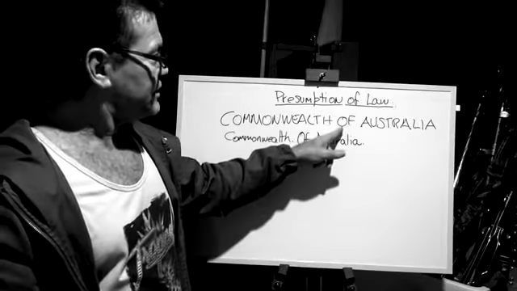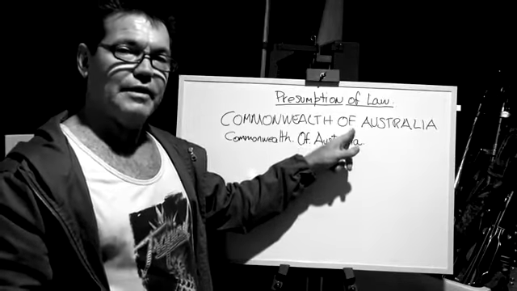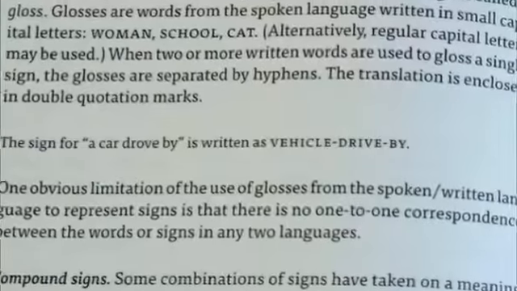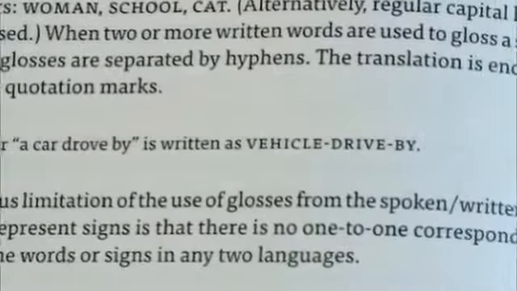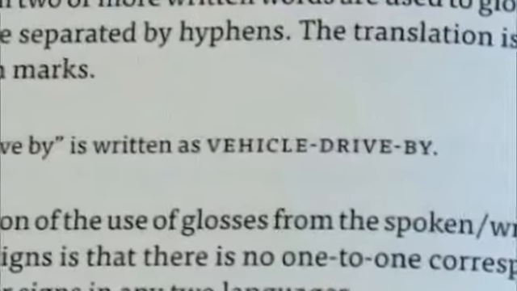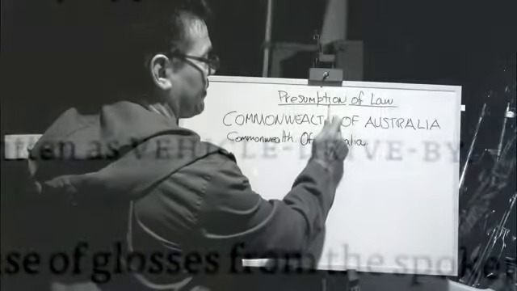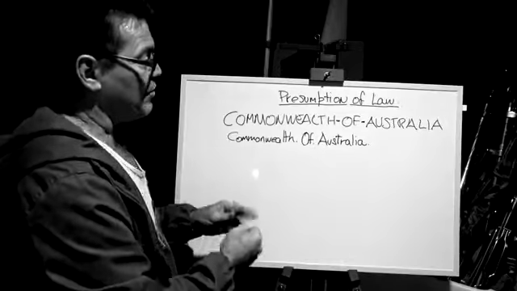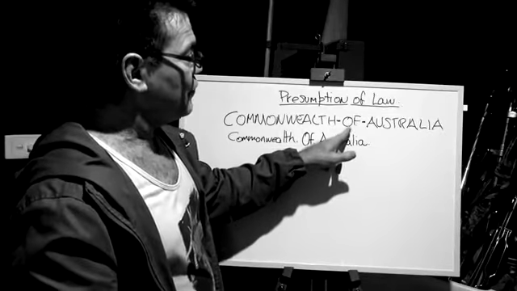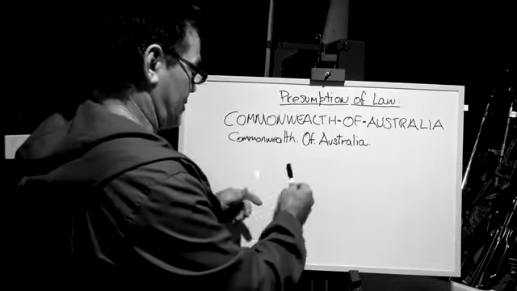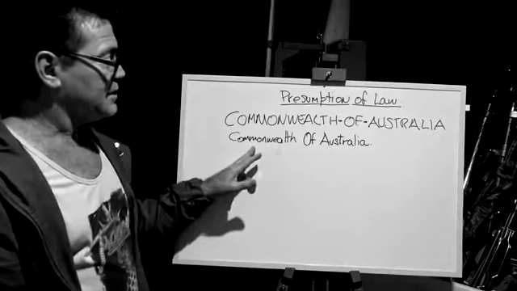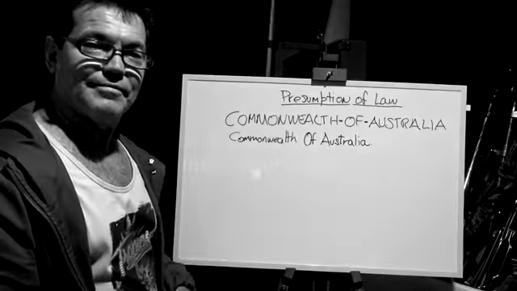Now, in order to bring this type of text factually and make it read Commonwealth of Australia, according to Article 11.147 of the Chicago Manual of Styles that deals in ASL or American Sign Language, we have to hyphenate. When we hyphenate between the Commonwealth and the of and the Australia, that then comes back to Commonwealth of Australia.